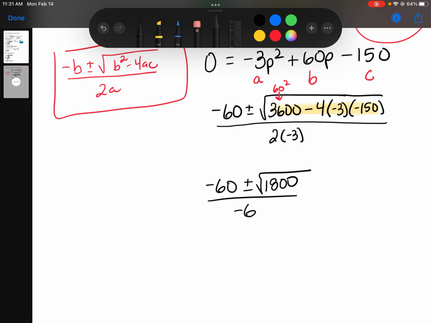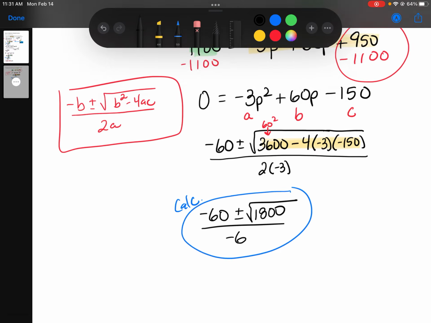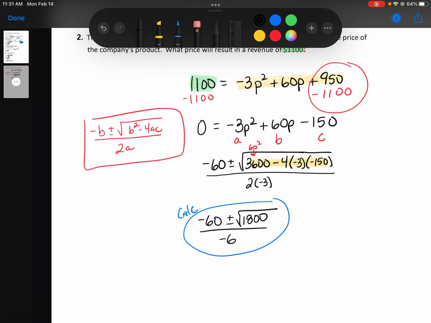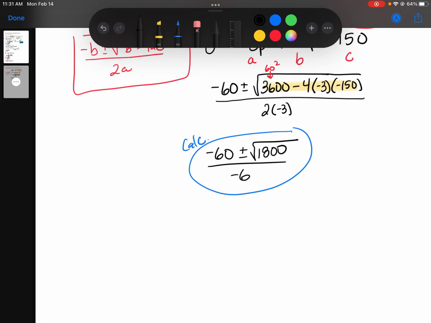Okay. Now remember, this is the time where we go to the calculator. So let's type that in. So I hit n over d, negative 60 minus the square root of 1,800 over negative 6. And this is one where it gives you an answer right away. So we're doing price, but you won't have to worry too much about this.